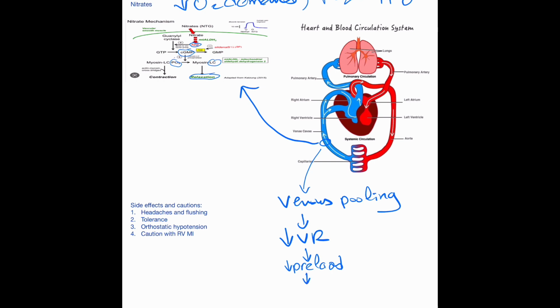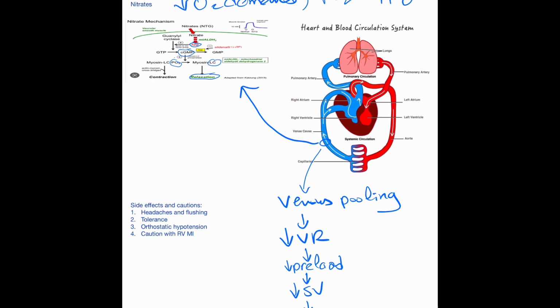How does it do so? Decreasing preload equals decreased stroke volume and then decreased cardiac output, then decreased cardiac work, leading to the outcome of decreased oxygen demand.